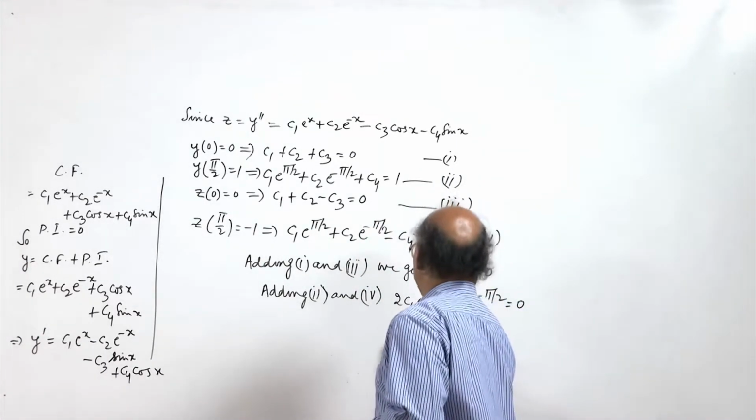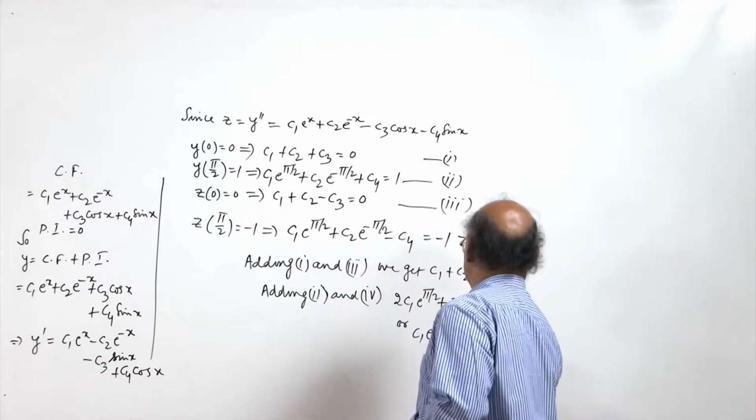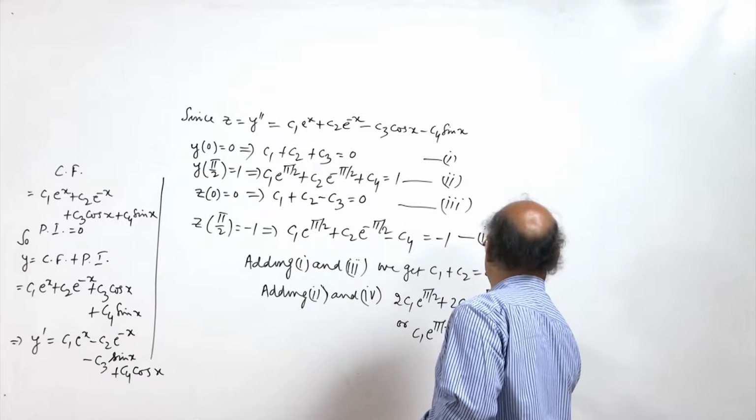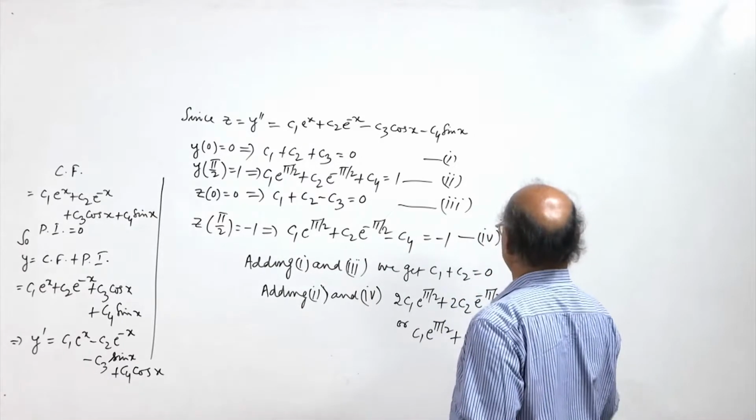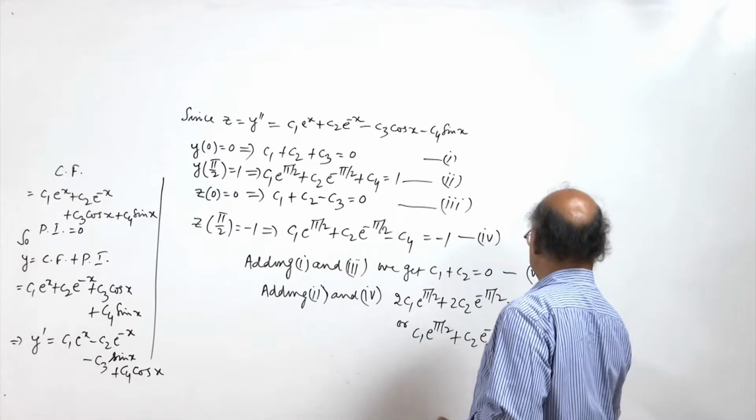So here we get c1 e to the power pi by 2 plus c2 e to the power minus pi by 2 equal to 0. Now let me call it equation number 5, and this as equation number 6.